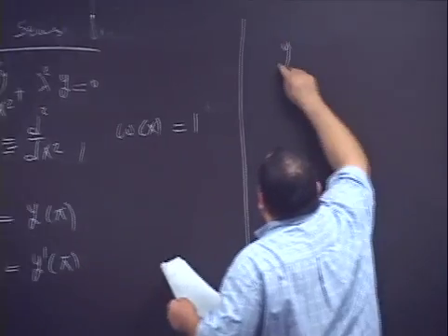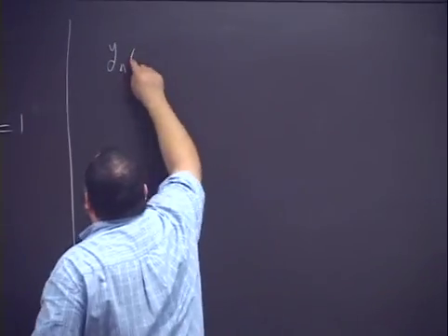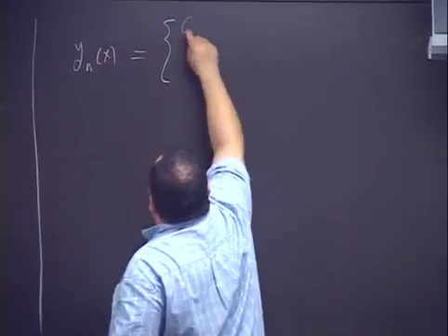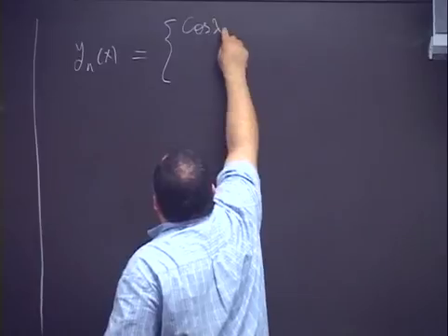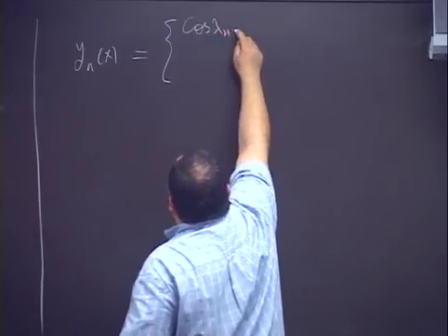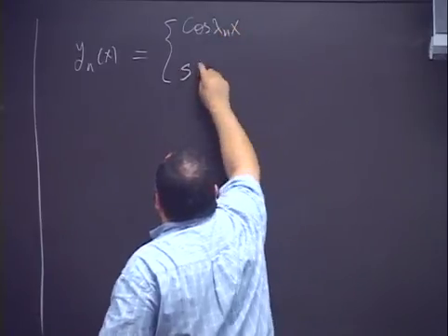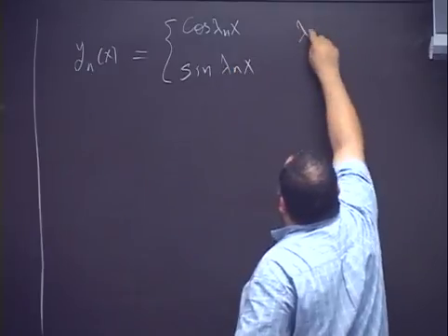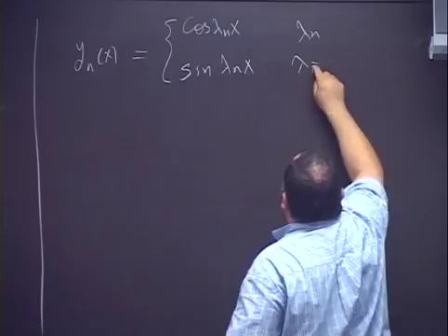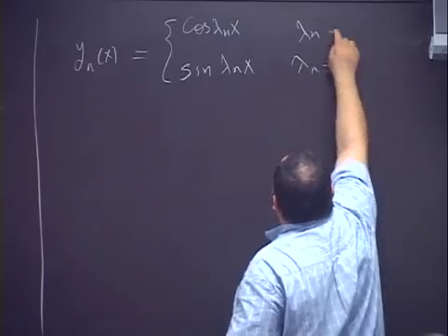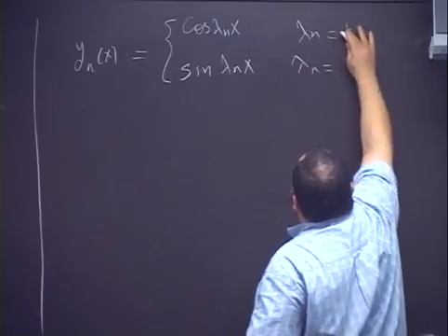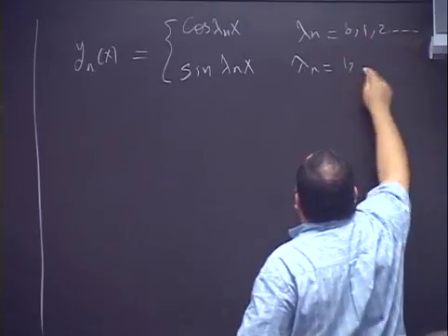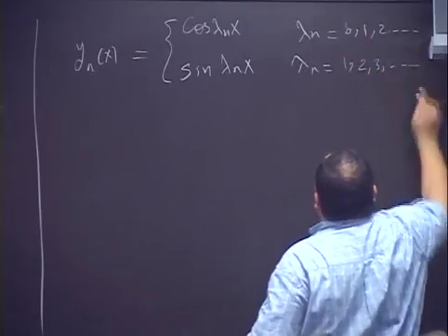Those were the 2 boundary conditions, and we found last time that our solution y_n of x was given by the eigenfunctions, cosine lambda_n x and sine lambda_n x, where n will be 0, 1, 2 for the cosine, and 1, 2, 3, and so on for the sine.